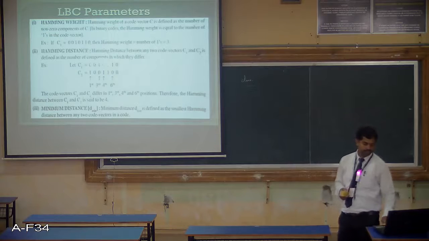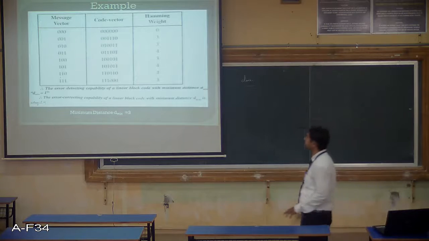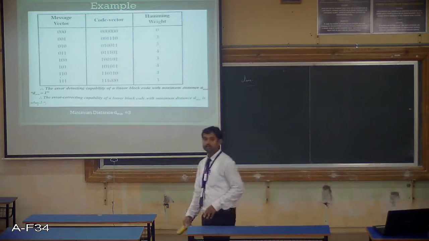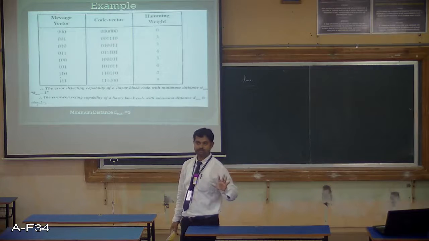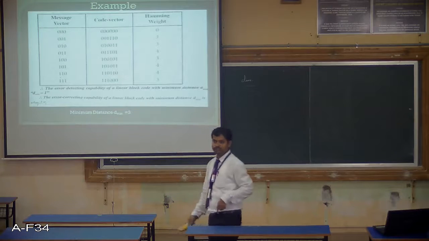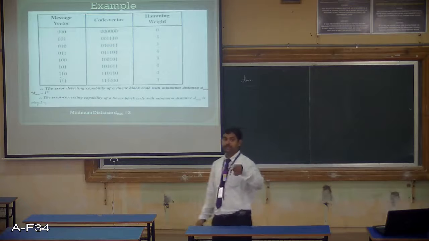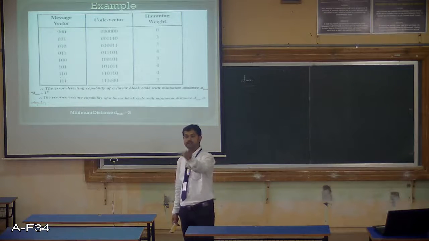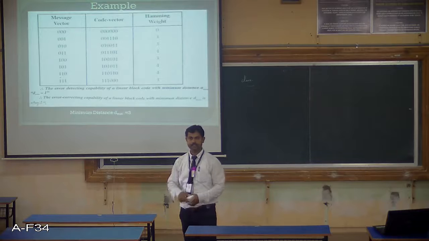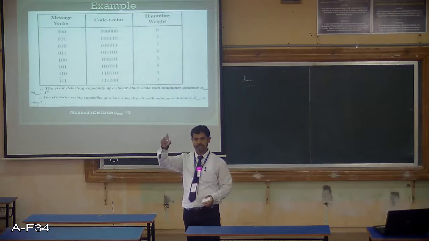So one simple example is, just look at the code vectors. Hamming weight is defined as the number of ones present. Based on that Hamming weight, you need to write the Hamming distance, ultimately the minimum Hamming distance. Hamming distance means compare one by one, adjacent.